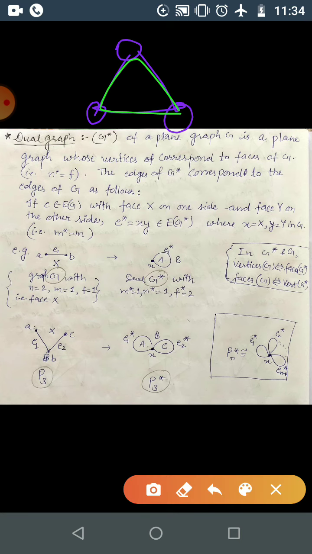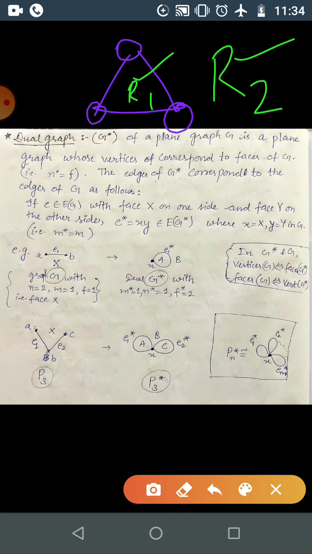This plane graph has divided the whole plane into two parts. The C3 is dividing it into two parts. One part is region R1, and the other is region R2, or you can say face F1 and face F2. So the plane graph is dividing the plane into some territories, known as regions.